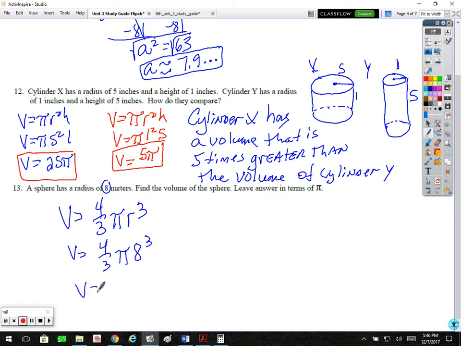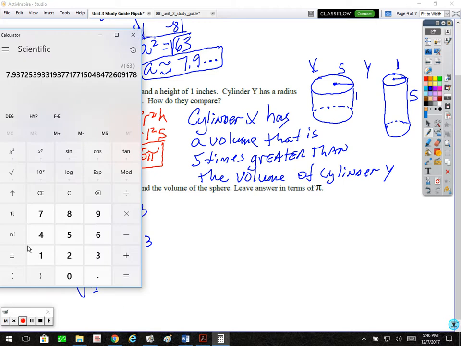So we have 4 over 3 times 8 cubed. Let's clear this out and try that again. 4 over 3 times 8 cubed.